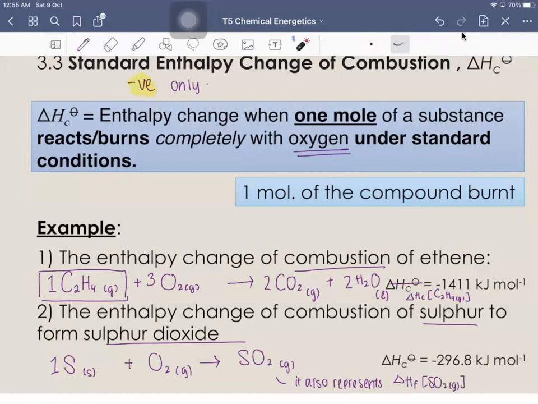By definition, we form 1 mole of SO2 in its standard state from elements in its standard state. So it complies with the definition of enthalpy change of formation. Okay, so it's the same. Delta Hc of sulfur is the same as delta Hf of SO2. And the values are also the same because the change is the same, the equation is the same.